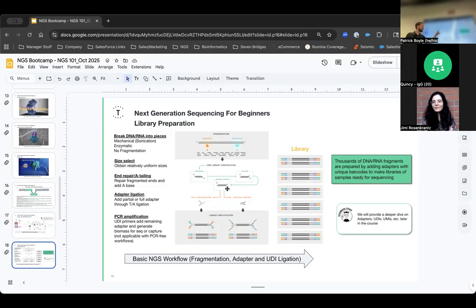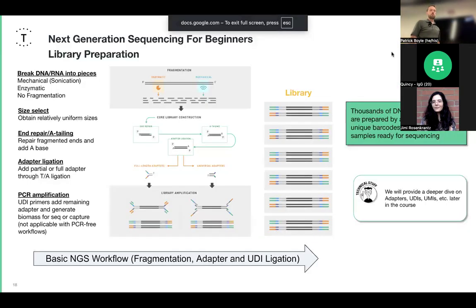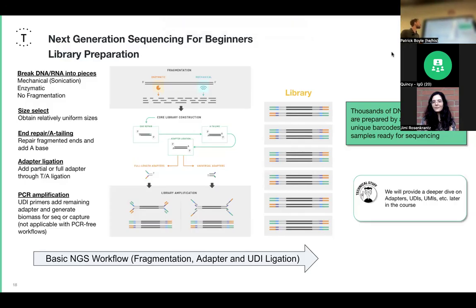So you have to break the DNA into smaller sequenceable fragments. There are two main, mainstream modes of breaking DNA up into smaller fragments.